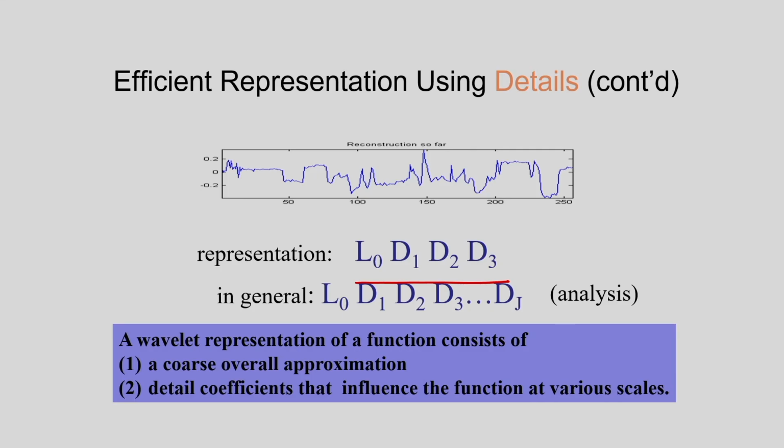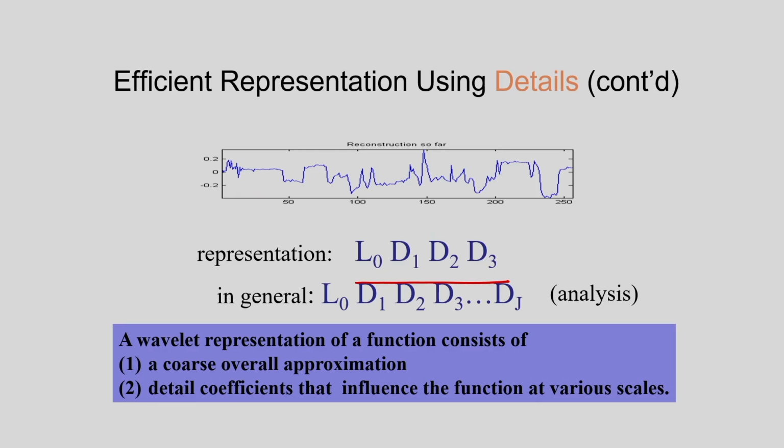So for the wavelet representation of a function, I have a coarse overall approximation, that is the low frequency information, and also the detailed coefficients that influence the function at various scales. So for the wavelet representation of a particular function, I have to consider a coarse overall approximation for the low frequency component.